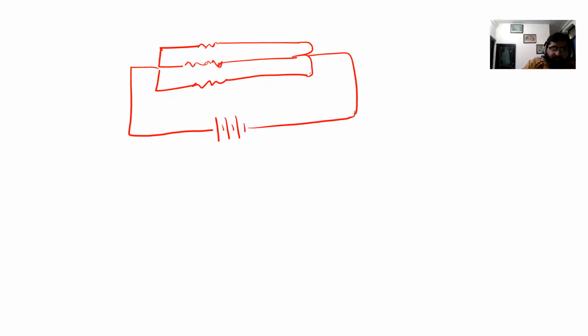Here it is a connection, here it is an ammeter. The voltmeter is parallel to this connection.